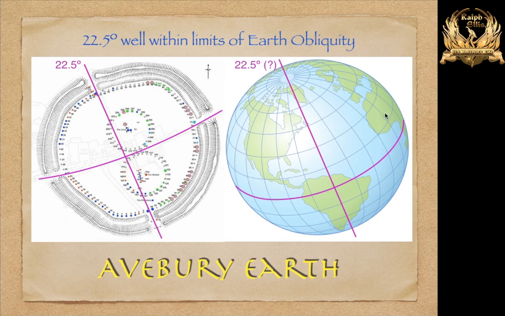You see them here on the Earth picture. And knew how to calculate where objects were on the surface of the Earth with their specific latitudes. That is another reason why I think that Avebury is an image of the Earth.